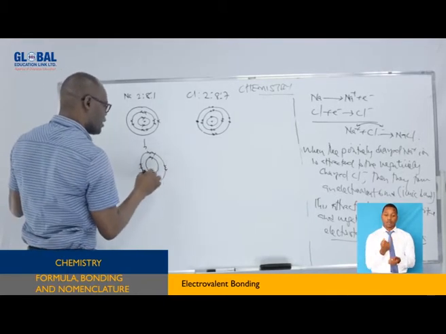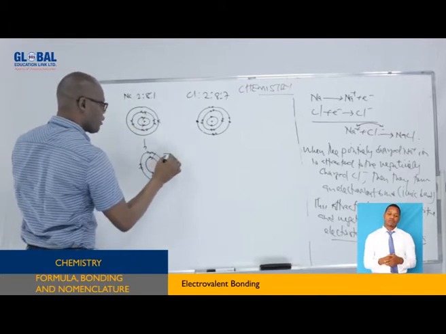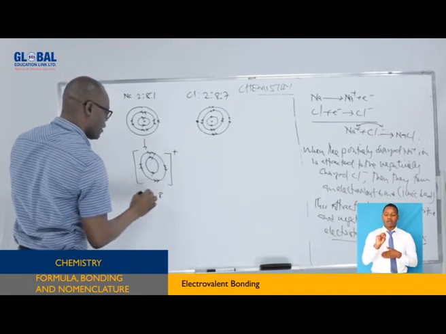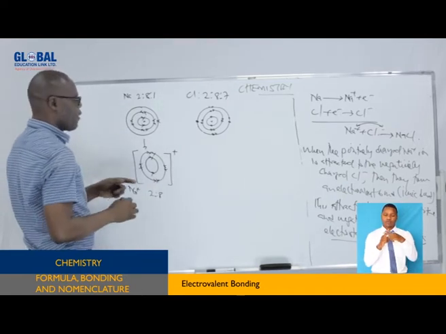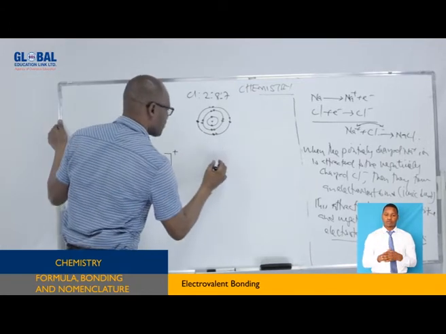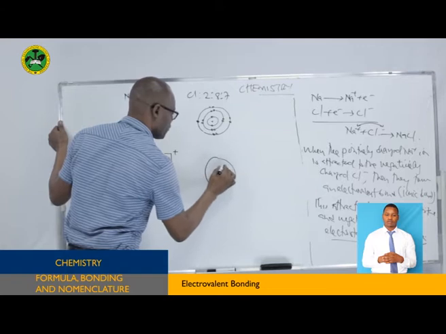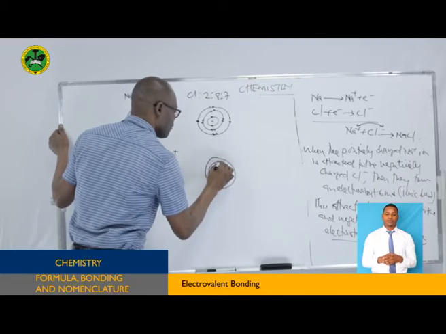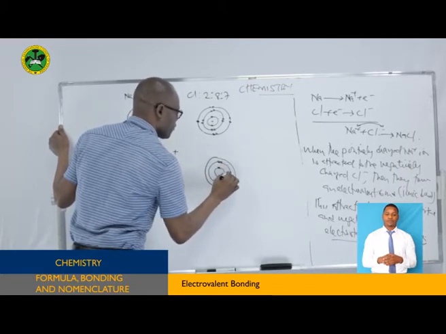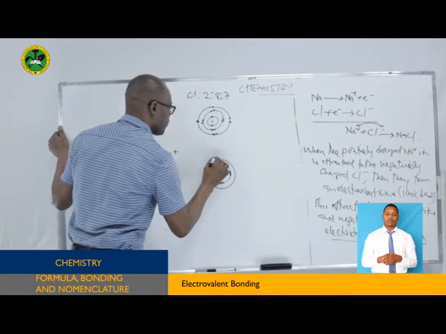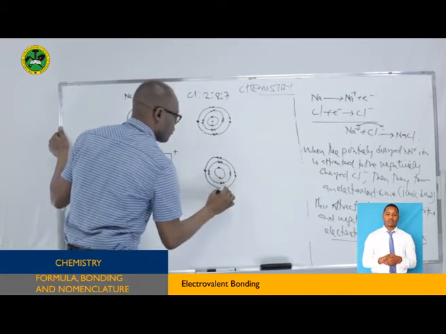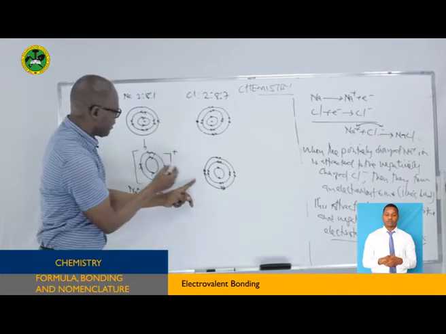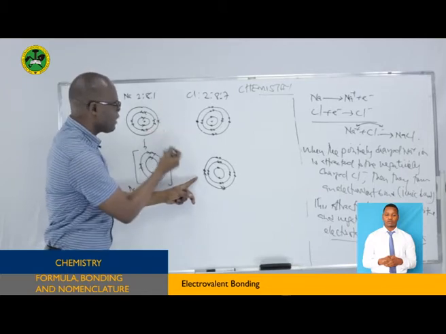Now, because the electron is lost, it's now not an atom. It becomes what is called an ion, positively charged, because it has lost one electron. Now this is 2 to 8, which is sodium ion. And this one gains the electron. I've written this electron as X to represent it came from sodium, it has gone to chlorine.